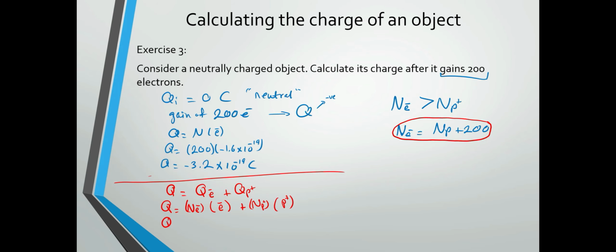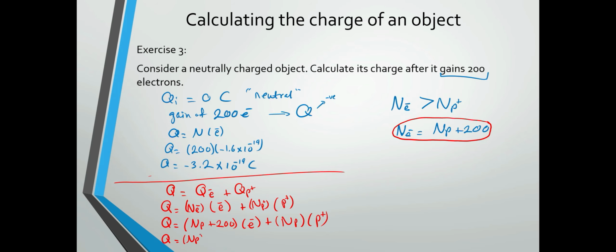So Q is equal, instead of the number of electrons, I will write number of protons plus 200, all multiplied by E minus, plus number of protons, leave it like that, multiplied by P plus, the charge of one proton.